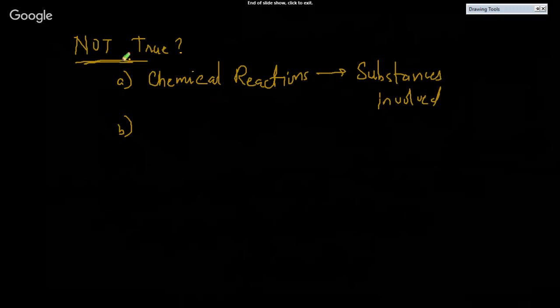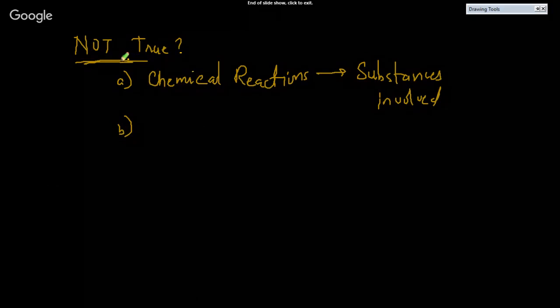Now the next is: a chemical equation informs us about the symbols and formulae of substances involved in a reaction.